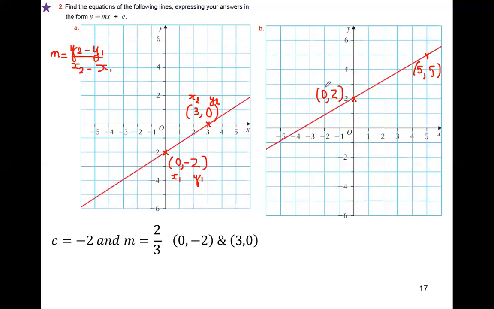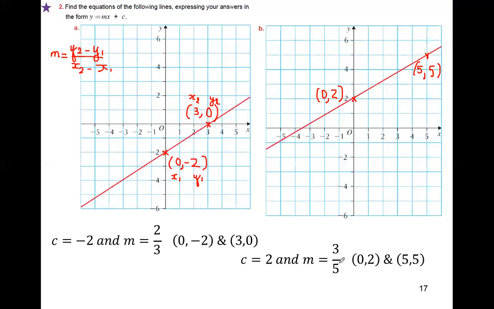The c here is just going to be 2, because when x equals 0, y equals 0 times m plus c. For my gradient, I can see I'm going 3 up, 5 along. I've got a positive gradient, so I can see straight away it should be 3 over 5. But if you want to do it using y2 minus y1, 5 minus 2 is 3, divided by 5 minus 0, so 3 over 5.